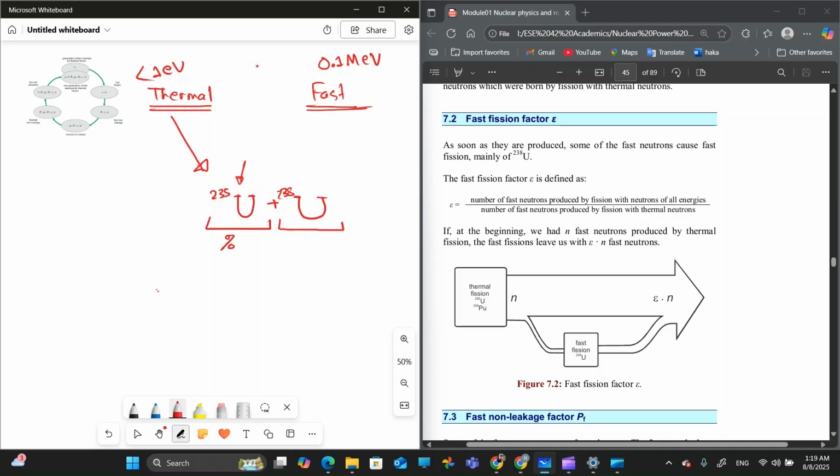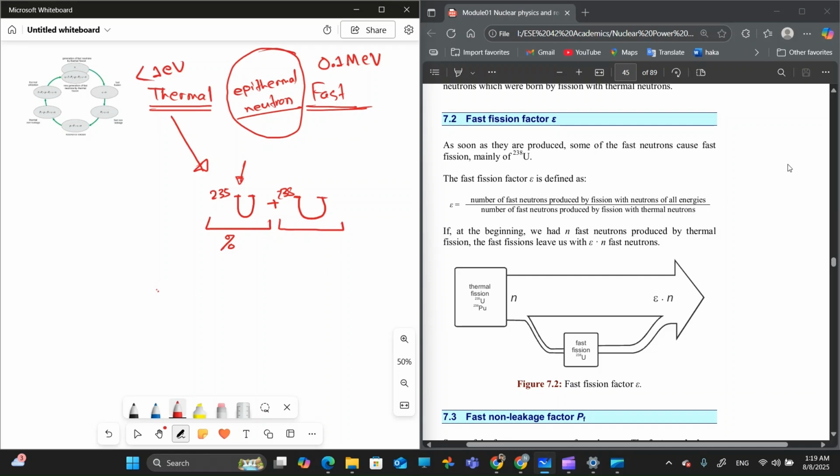But the neutrons in the mid-range, in between these two energy states, are called epithermal neutrons. So we will also deal with epithermal neutrons in this cycle.